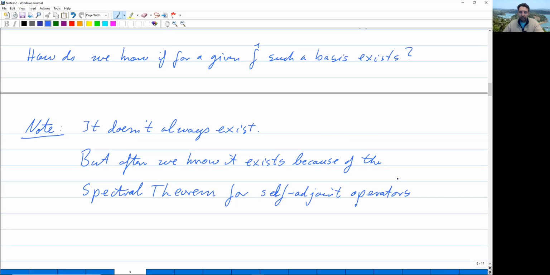Now, that's going to be our mission: finding out what is the business with the spectral theorem, when does it apply, when does it not, and if it does, what does it mean?